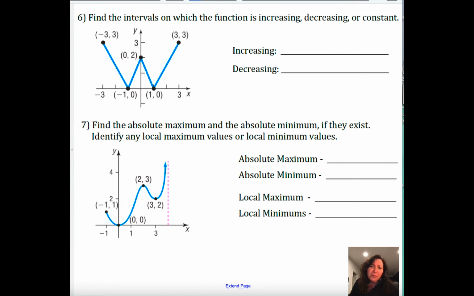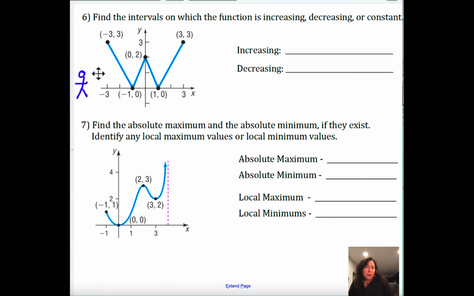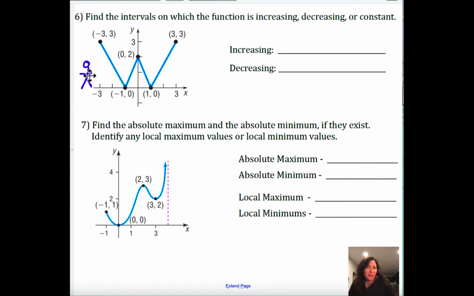For these problems, your job is to figure out where it is increasing, decreasing, or constant. For me, it's always left to right. It's like you're walking along left to right, so everything you see is going left to right. I like to say that because a lot of times you'll see an arrow going this way.